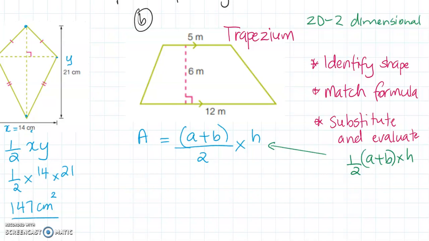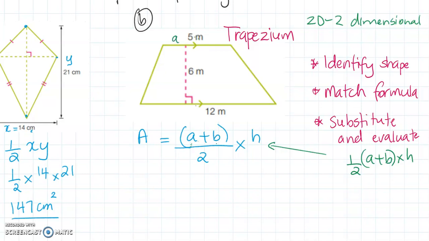What are A, B, and H? Let's label them on our diagram. As we learned before, and as you can see on your formula sheet, A and B are the two parallel sides of the trapezium.